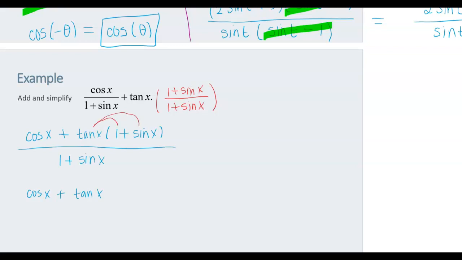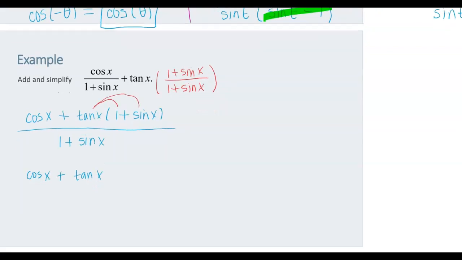And let's see, I'm going to do work on the side here, if I have sine multiplied by tangent, which is, tangent is sine over cosine. And I'm multiplying that by the sine. That's going to be sine squared x over cosine of x.